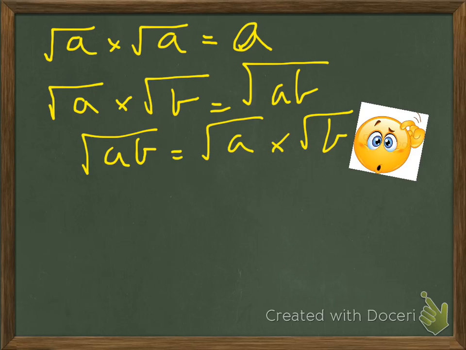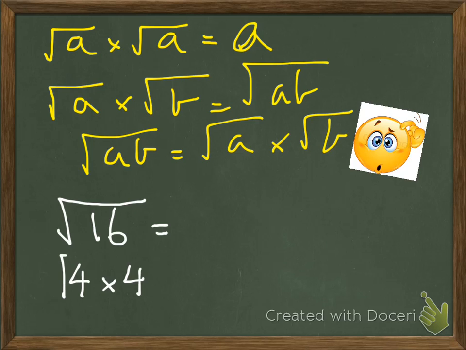If I've got something like the square root of 16, I can say that 16 is actually 4 times 4, so the square root of 16 equals the square root of 4 times 4, which equals the square root of 4 times the square root of 4.